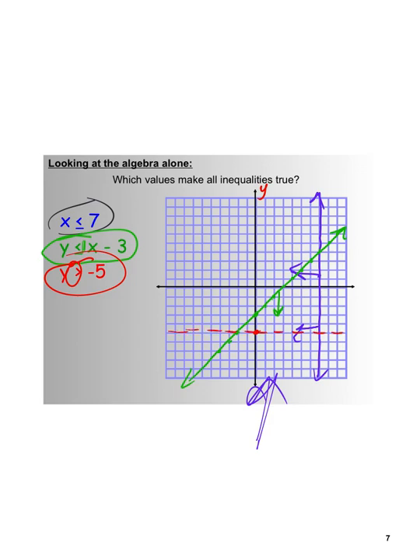Okay, so that dash line is going across at y equals negative 5, but we need it to be greater than, so we're going to go up from there. So you can see now we need to be to the left of the blue line, below the green line, but above the red line. When you put all that together, that means this space right here is our optimized area, okay?